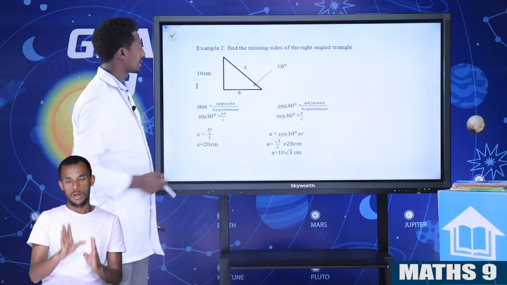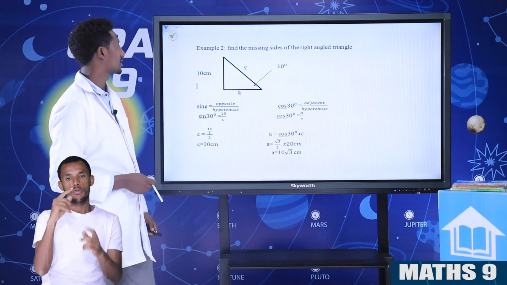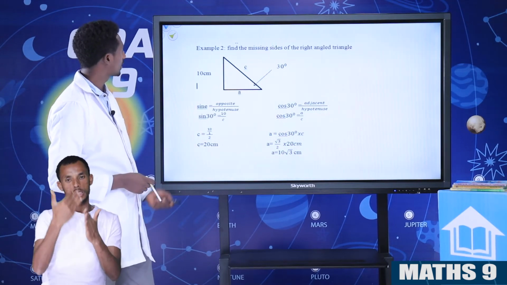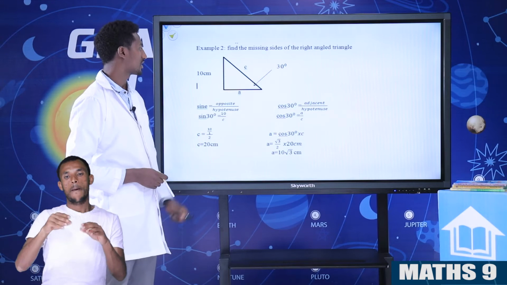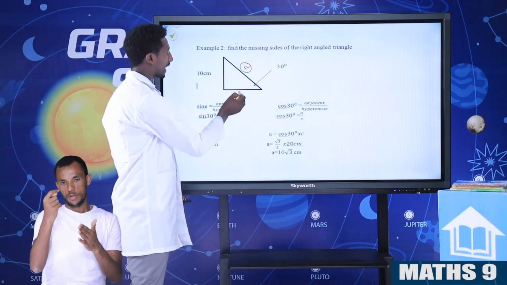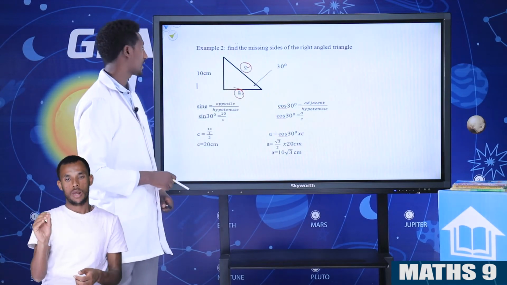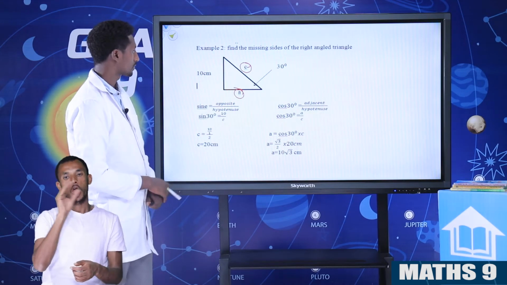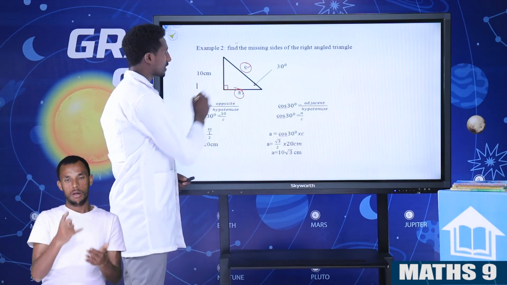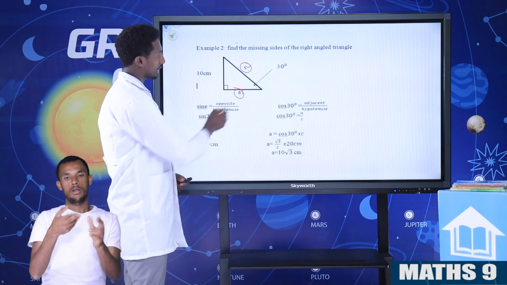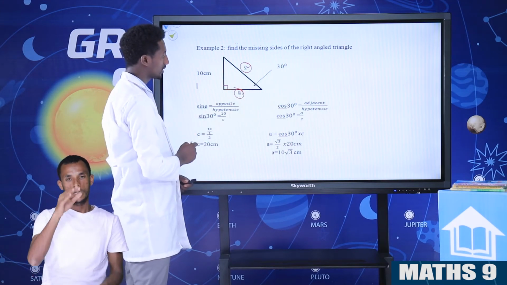So let's apply the idea of trigonometry to find some values. Find the missing sides of this triangle, meaning find the lengths of A and C. Here it is given that there is a right angle at this one, and this is 30 degrees.